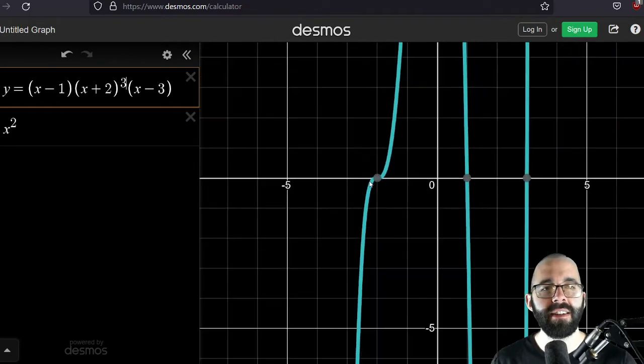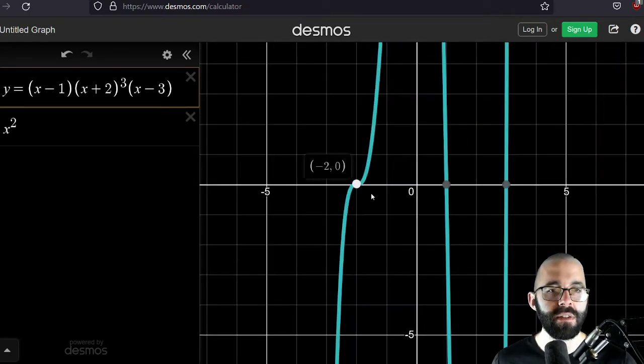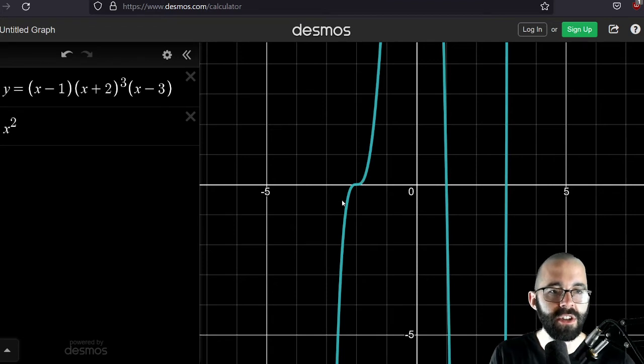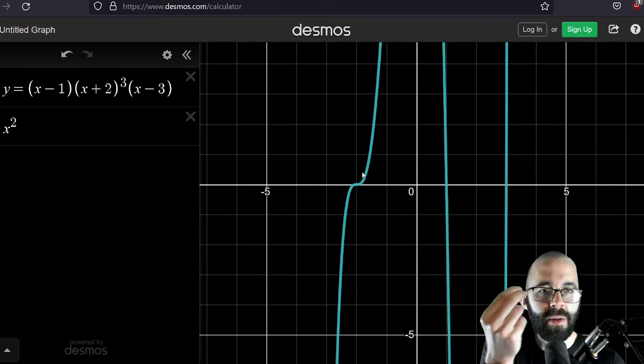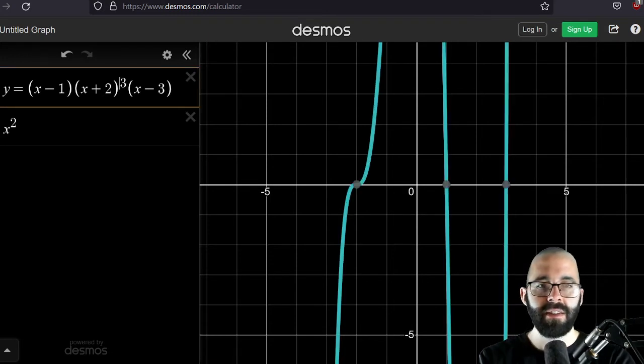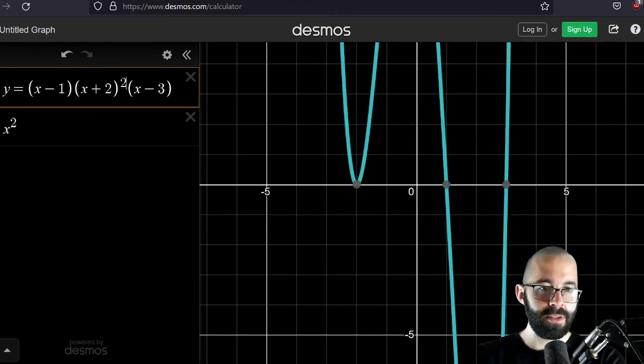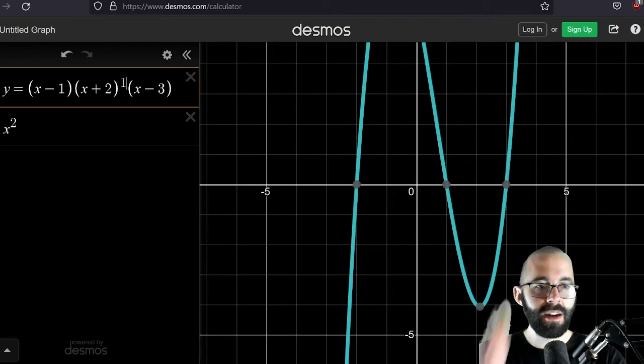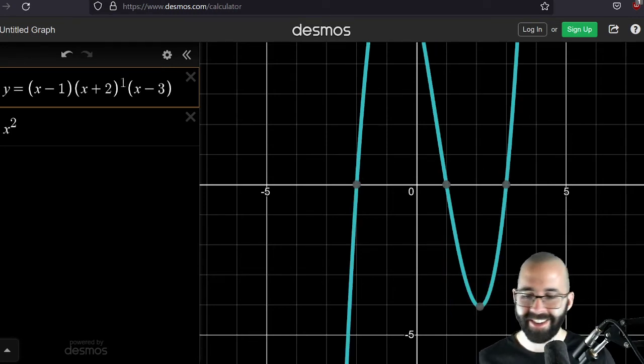And again, when we zoom out, it's only like a cubic function locally, right? The multiplicity just says, how does the 0 kind of behave? If multiplicity 3, it's going to behave like a cubic function where it crosses the x-axis. Multiplicity 2, it's going to function like a parabola right there. Multiplicity 1, it's going to kind of cross like a line.